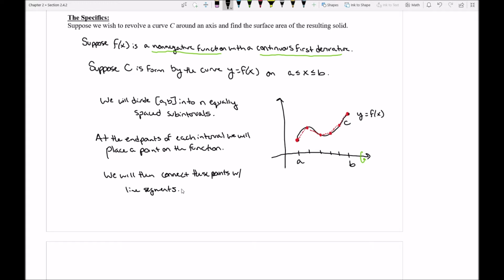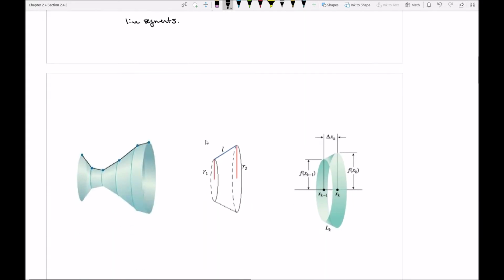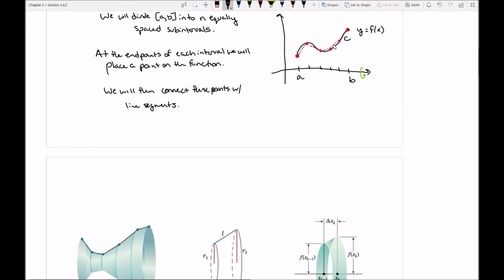So what we're going to be interested in taking a look at now is how do I use these line segments to give me a rough approximated surface area? Well, if we take a look at the next page, we can kind of see how we're going to do this. You'll see down here I have a similar sort of a picture sketched out where I have these different dots sketched along a curve that kind of represent these different red line segments.